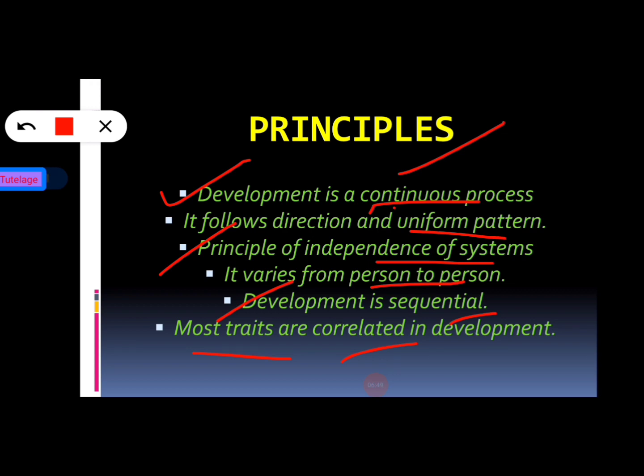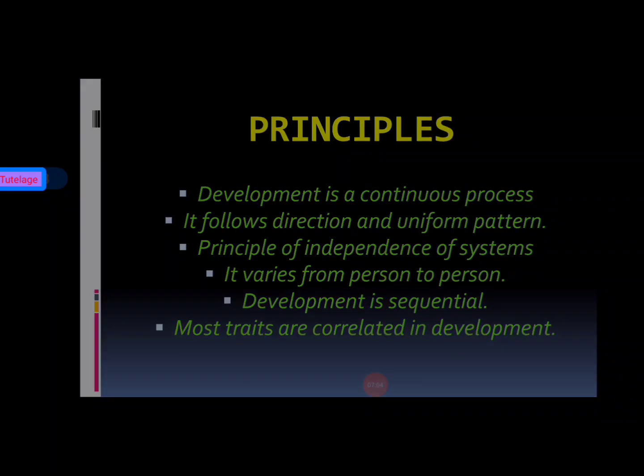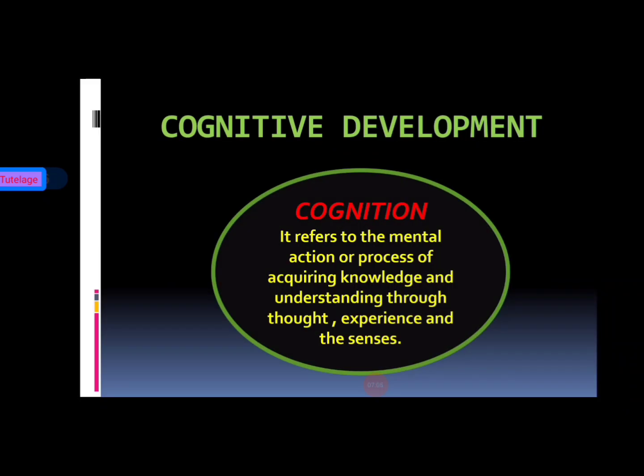So I think this is clear what is growth, development, and the principles of growth and development. So now we are going to the next concept, that is cognitive development.